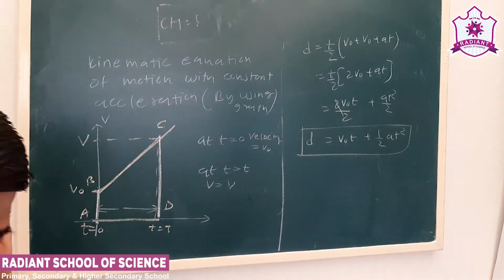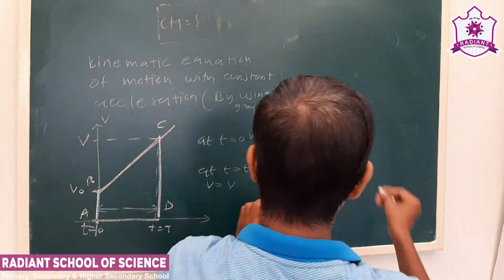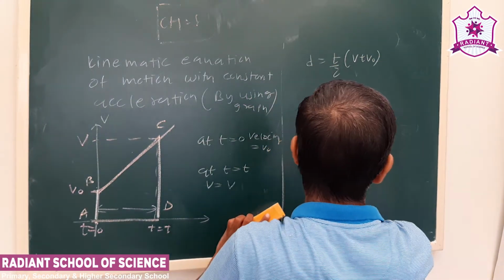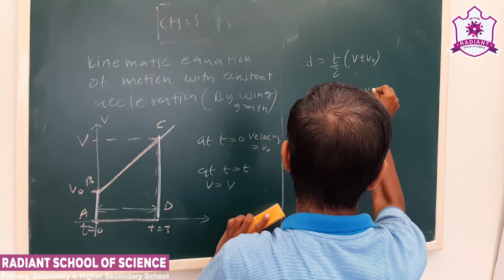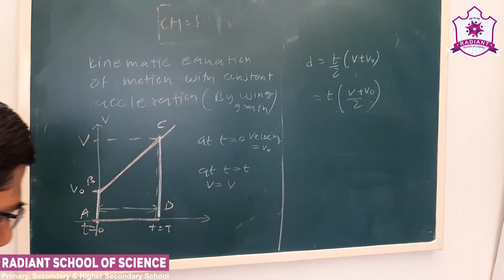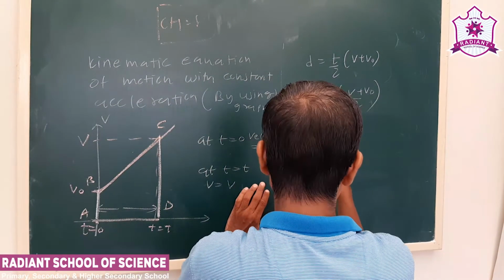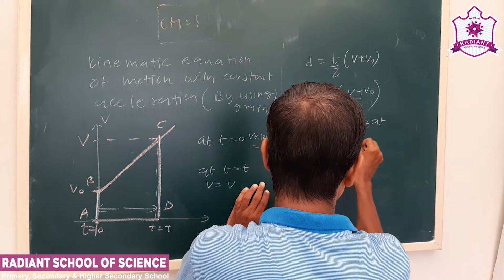Now the third equation. Just now we have seen d is t by 2 into v plus v0, that I can write as t into v plus v0 by 2. This is nothing but a rearrangement of the equation only. Now see v is equal to v0 plus at, that is v minus v0 is at.